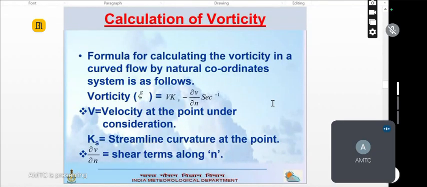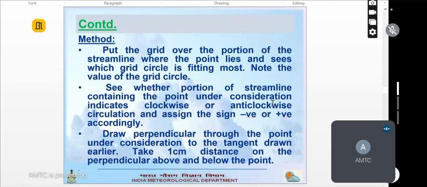Then for velocity, this equation is there. We use it as a statement of curvature at a point and take the shear term from the end. First of all, from seeing this you have to know the curvature value.